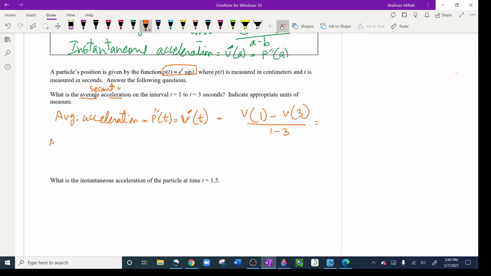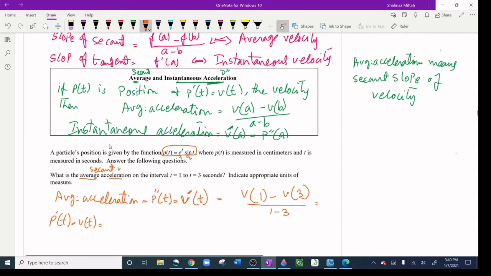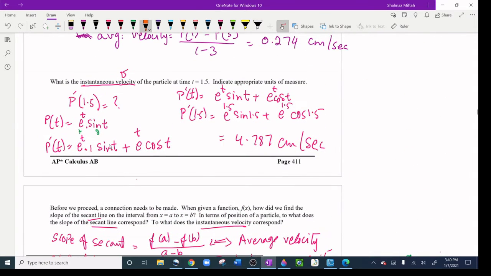So let's take a derivative of that. I'm going to go p prime t, or you can say v of t, either way is good notation. This is a product rule, f times g. We actually got the derivative in the first question already, and it was somewhere over here.